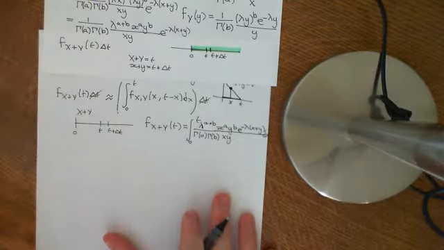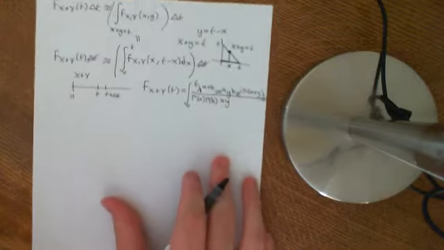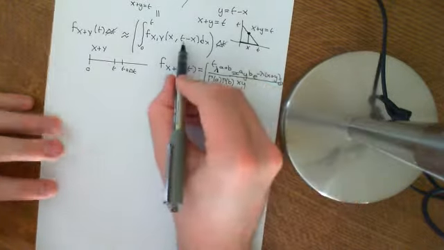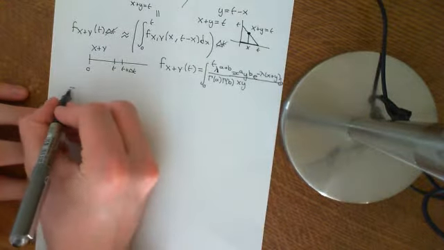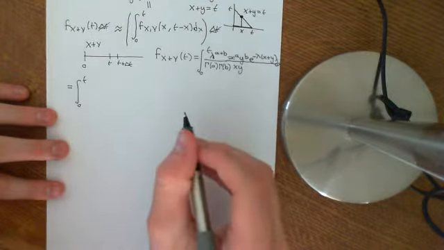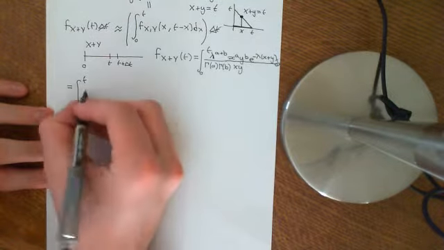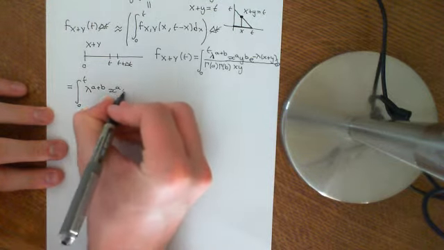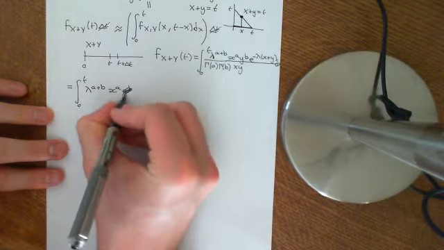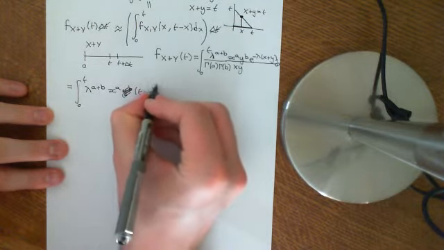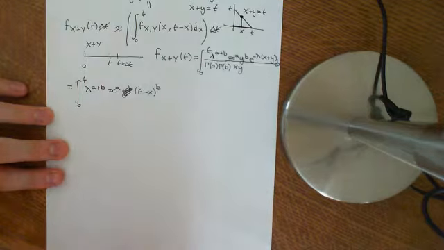Right, so let's turn it into what it actually needs to be for us to integrate it. We are evaluating y at t minus x. So this becomes the integral from 0 to t of lambda to the power of a plus b, x to the power of a, and y we are substituting with t minus x, so (t minus x) to the power of b, okay?